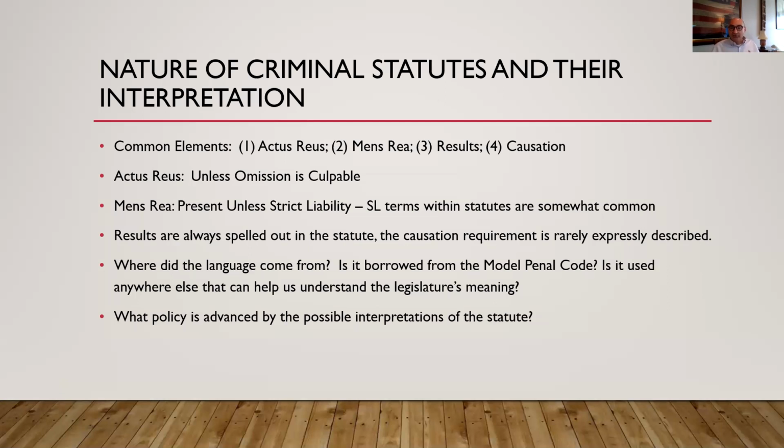A great example of this would be Justice Saylor's opinions regarding the Pinkerton liability for conspiracy. He says, if you look at the way the Pennsylvania legislature has defined the extent of a defendant's culpability under or liability under complicity, it can't be that the policy that animates that would be inconsistent with the policy that animates the scope of liability under conspiracy law.